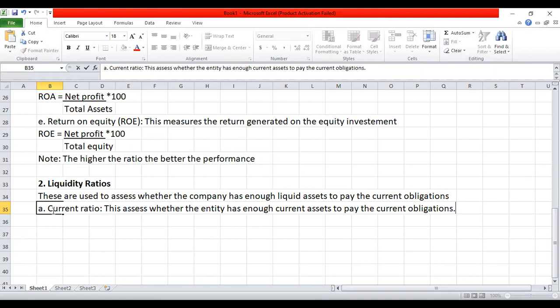So when you are looking at current ratio, you are interested to find whether you have enough current assets to be able to pay the current obligations.